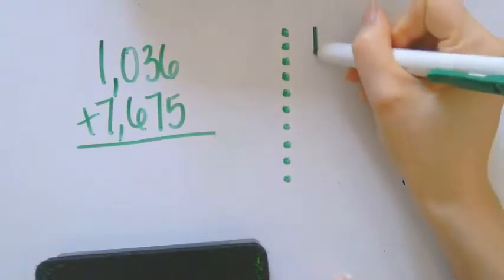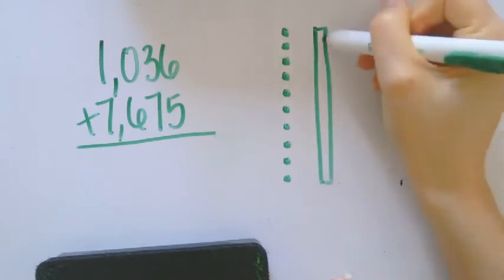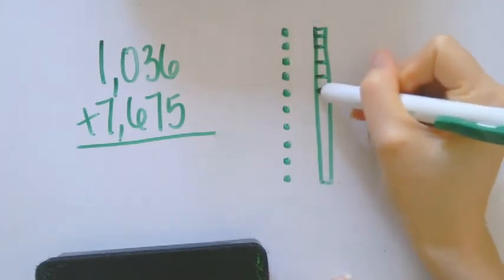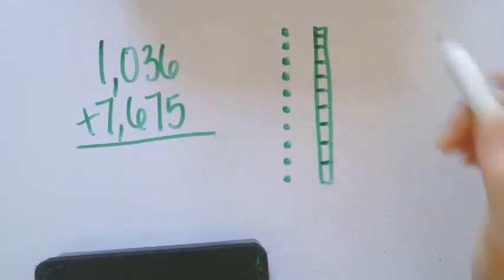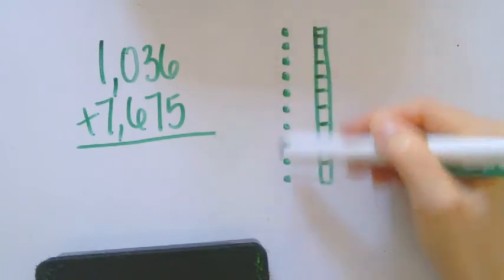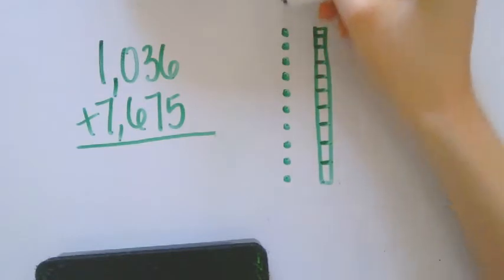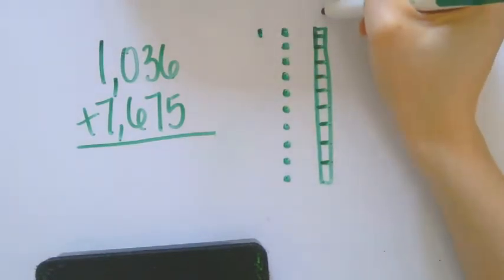This is equivalent to what this would be. So, okay, not super exact, but that's okay. We understand that each one of these represents one of these. 10 small cubes equals 1 rod. Each one is 1. Each one is 10. Okay?